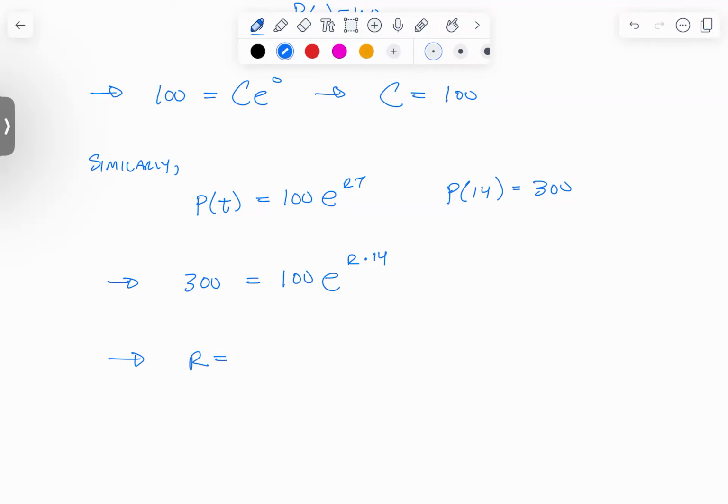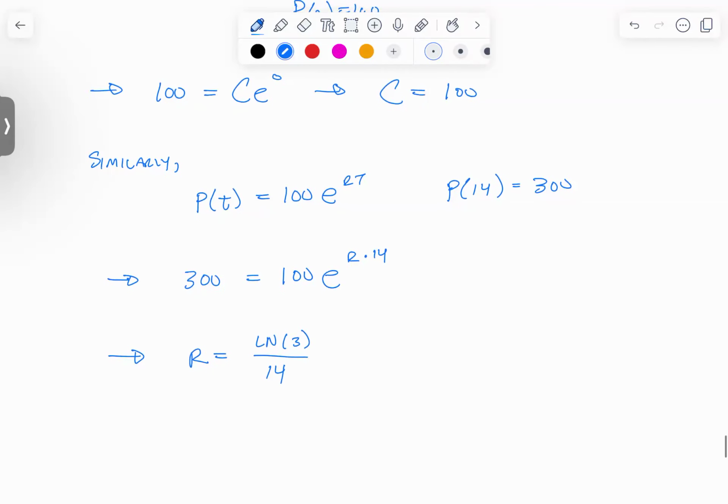Plugging in those pieces gives me R equals ln of 3 over 14, which is what we were finally trying to identify, because what we really needed was R. C was kind of a means to an end in this situation.